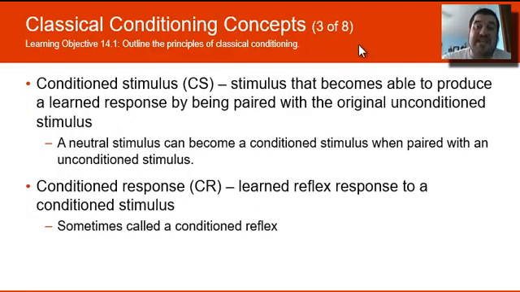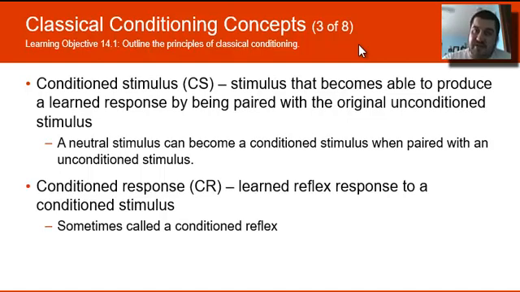Then we get to the conditioned stimulus. This is something that is able to produce a learned response by being paired with the original unconditioned stimulus. If that sounds confusing, just get the definitions down and we'll walk through what they mean.